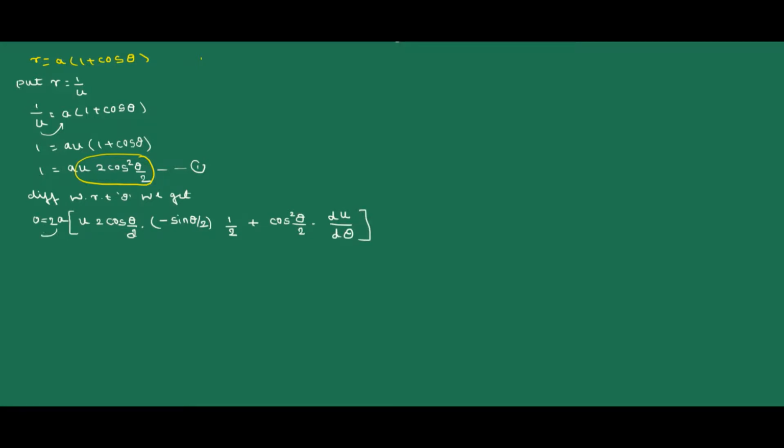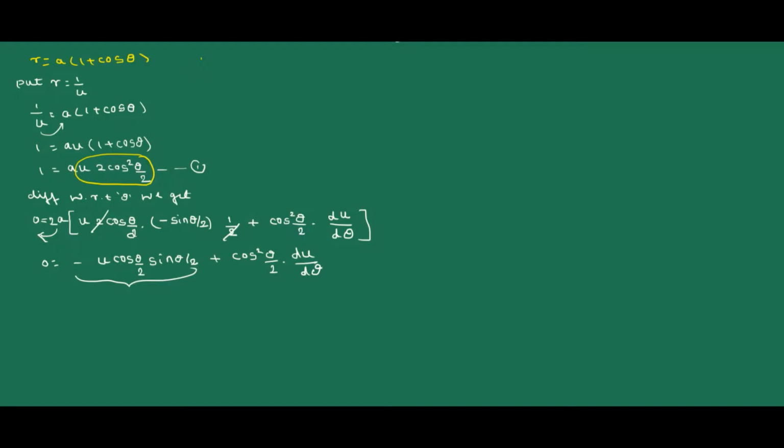Now transpose 2a to the left hand side so that we get 0 is equal to minus 2u cos theta by 2 into sin theta by 2. Where this 2 and 2 get cancelled, so you can delete 2 here. So minus u cos theta by 2 into sin theta by 2 plus cos square theta by 2 into du divided by d theta.